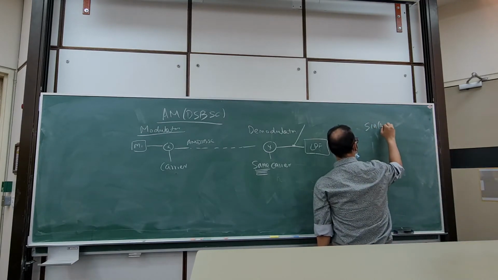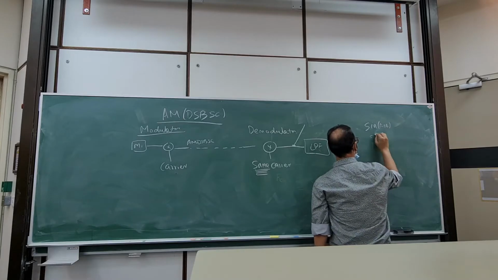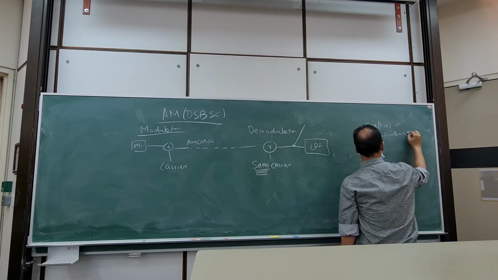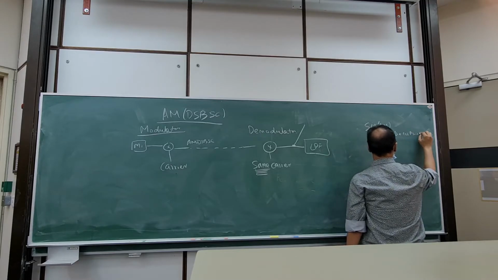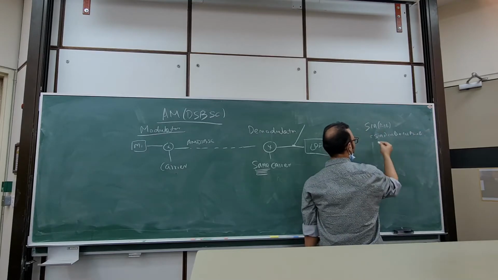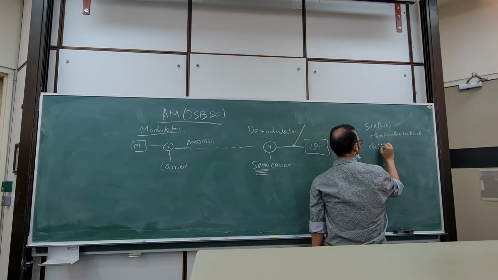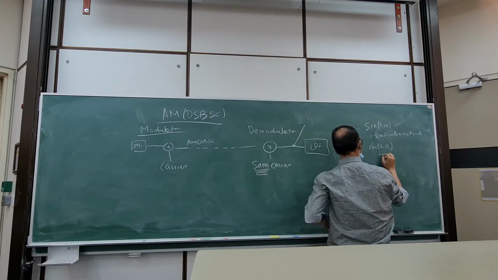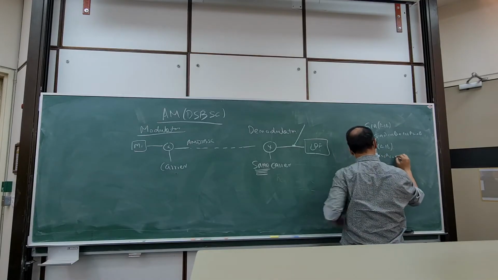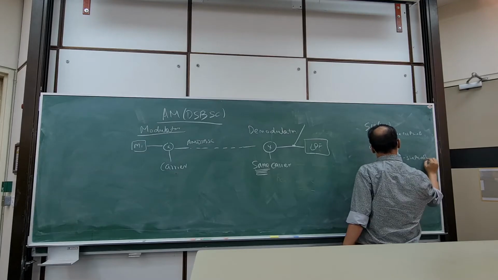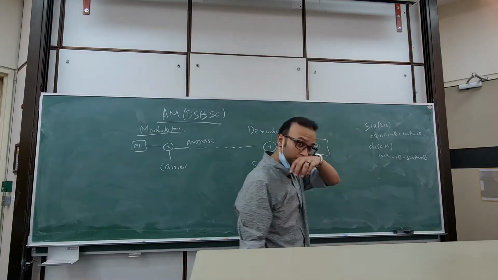Sine a plus b is sine a cos b plus cos a sine b. So what will a minus b be? Just minus here. Cos a plus b is cos a cos b minus sine a sine b.